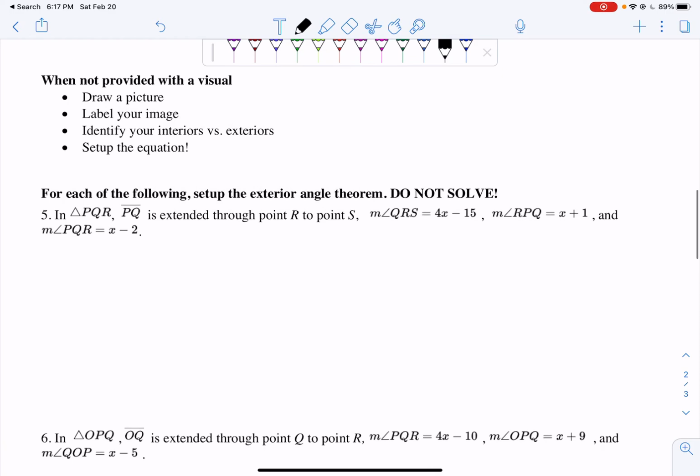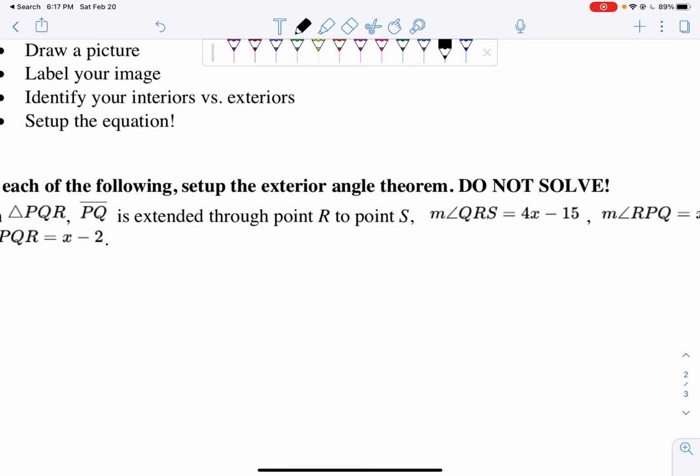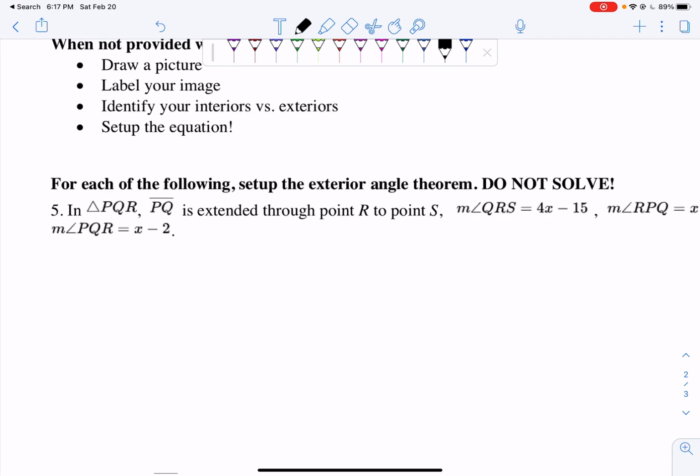Question number 5. In triangle PQR, PQ is extended through point Q to point S. Wait, let's skip this one.